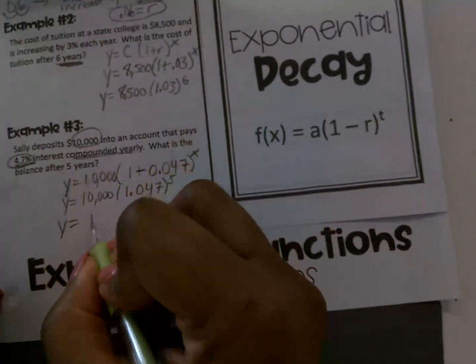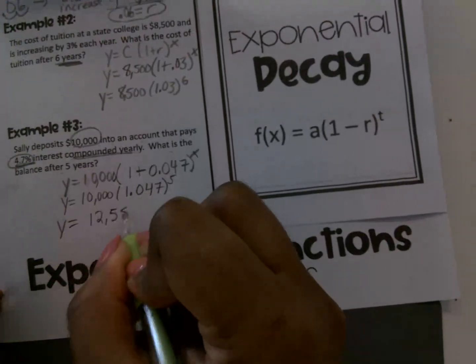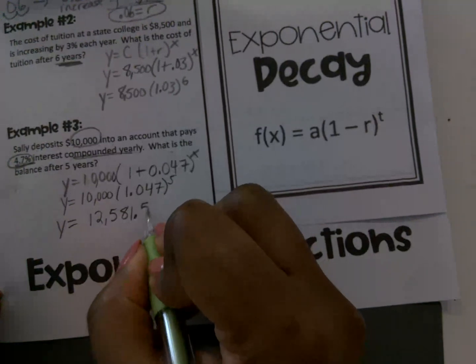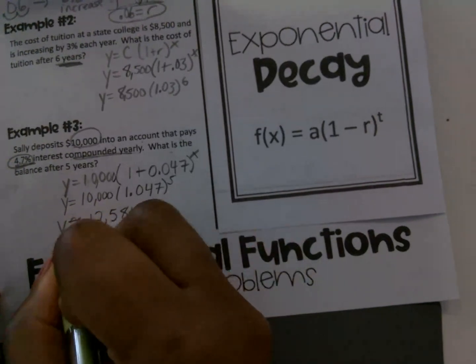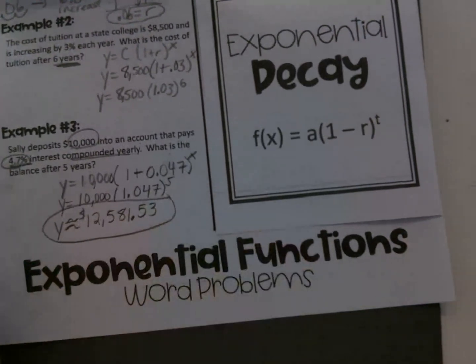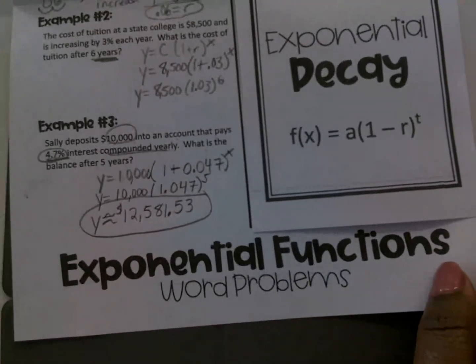Very good. This is $12,581 and how many cents? 53. About 53 cents. I'm gonna put the squiggly lines for about. Raise your hand if you got this right. Okay, good.